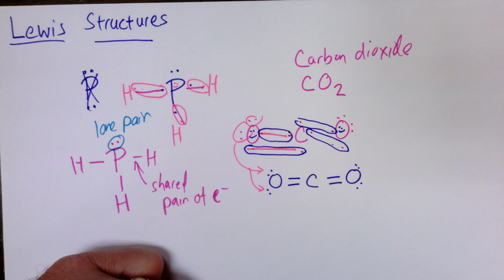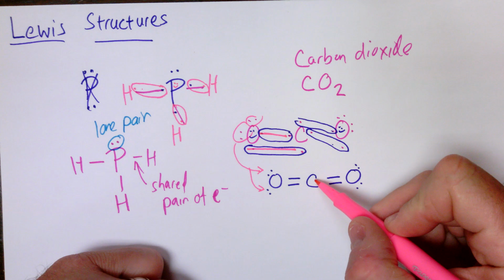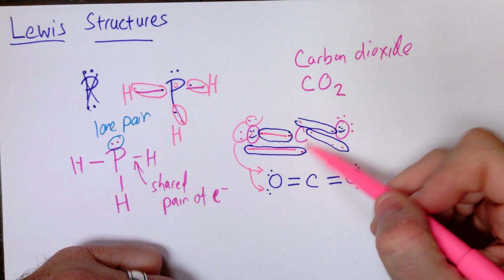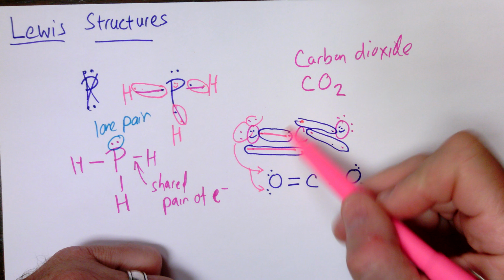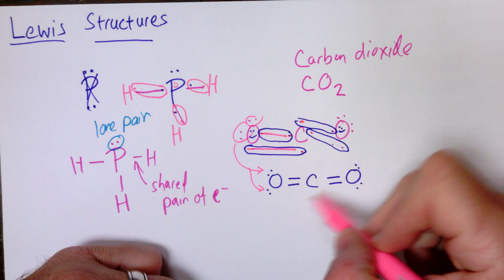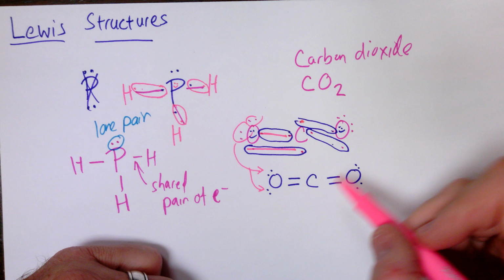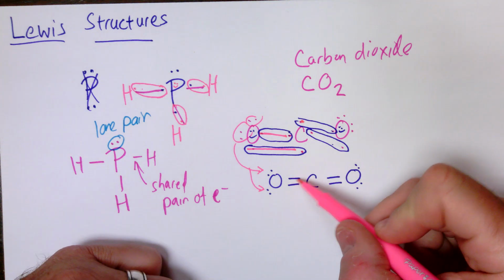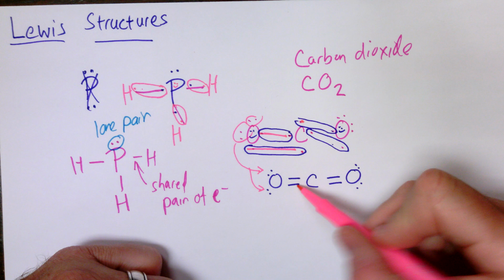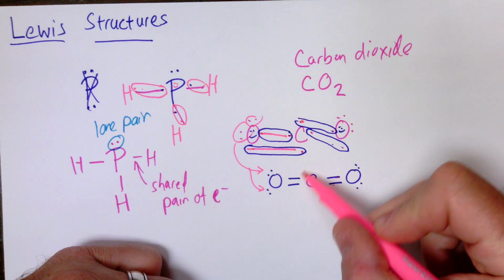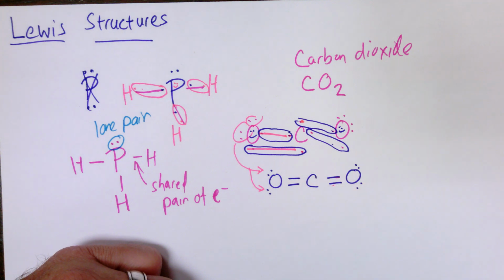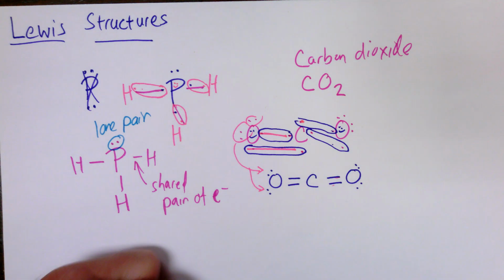And this is the Lewis structure for carbon dioxide. Notice carbon doesn't have any lone pairs of electrons. All of carbon's electrons are being shared with oxygen. But now, let's count for carbon. Remember, each line is a shared pair. So there's a pair, 2, 4, 6, 8. So we've got 8 electrons around carbon. That satisfies the octet rule. These are Lewis structures, which show how the electrons are shared between atoms.